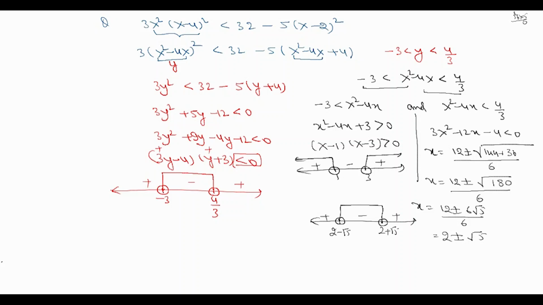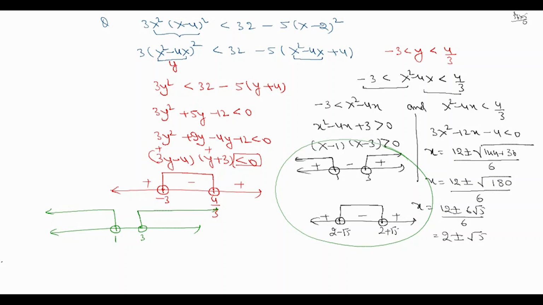Now I need to take intersection between these two conditions. So I'll plot both of them on the same number line. So the first one says x is less than 1 or x is greater than 3, and the second one says it should lie between 2 minus root 5 to 2 plus under root 5.